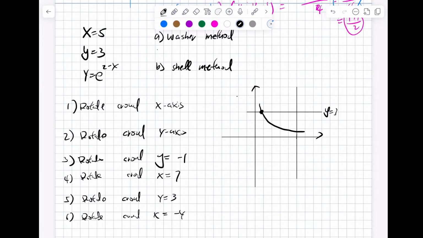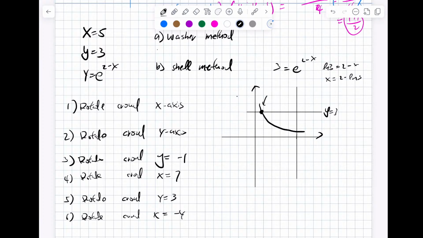So in order to find that, I'm going to say 3 is equal to e to 2 minus x. So ln of 3 equal to 2 minus x. So x equal to 2 minus ln of 3.